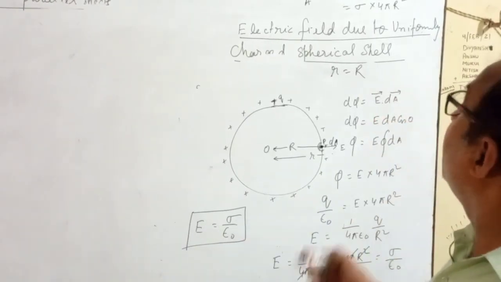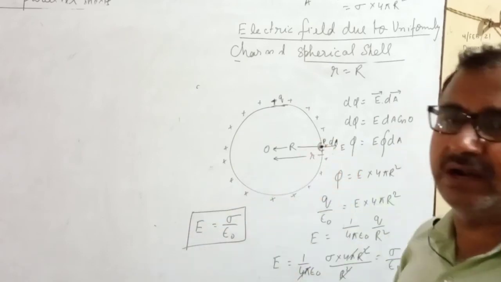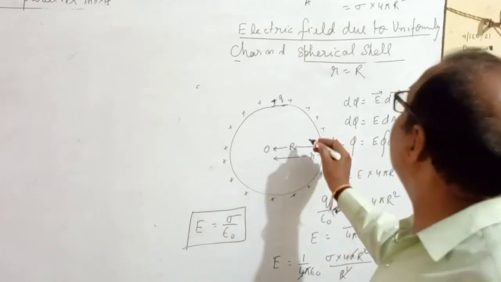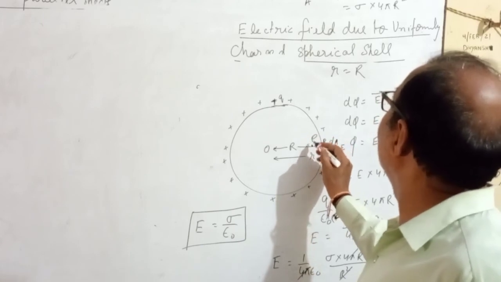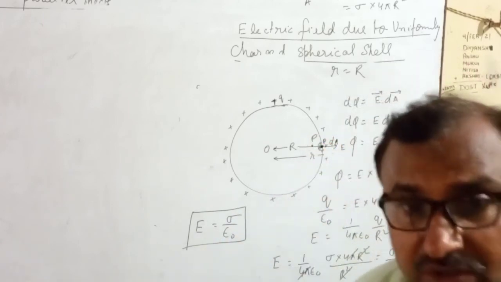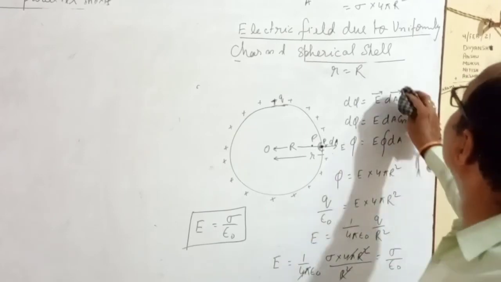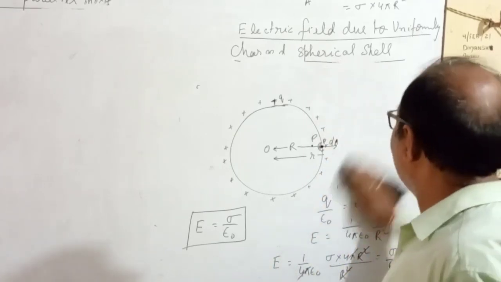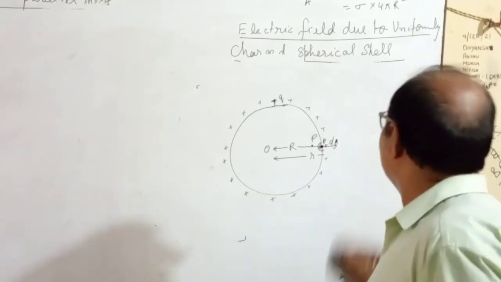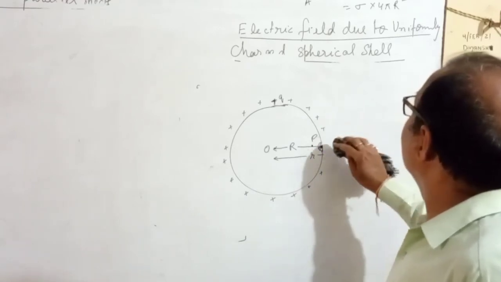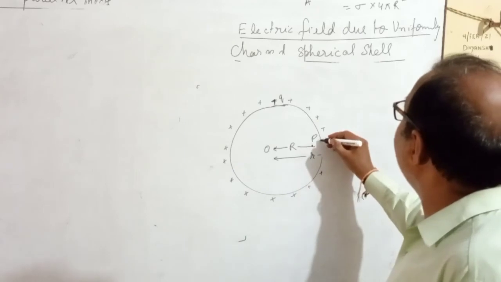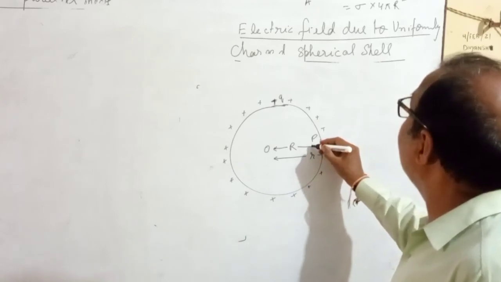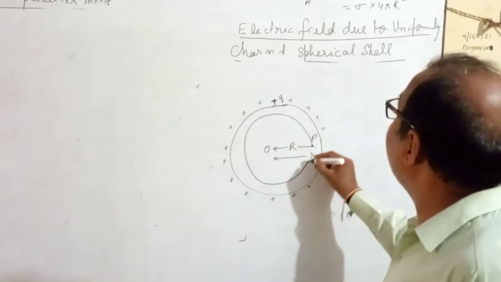Now another thing: if this point P is inside the conductor, I remove all this first, otherwise you will be confused. If point P is inside the conductor, not outside, then you take a Gaussian surface like this.